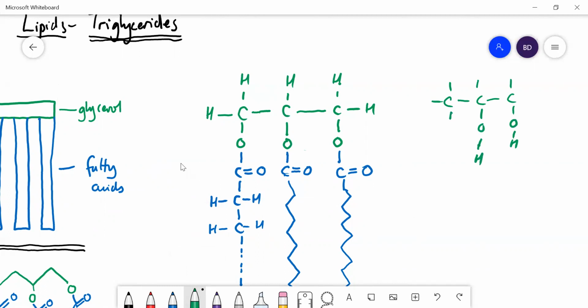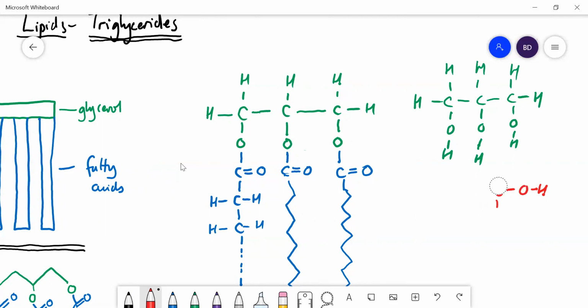Don't forget, carbon forms 4 bonds, oxygen always forms 2, hydrogen 1. So that's glycerol, and it's an alcohol. We've come across one alcohol before at GCSE chemistry: ethanol. Ethanol is different because it's only got 1 alcohol group on the molecule, but it's essentially the same kind of thing.